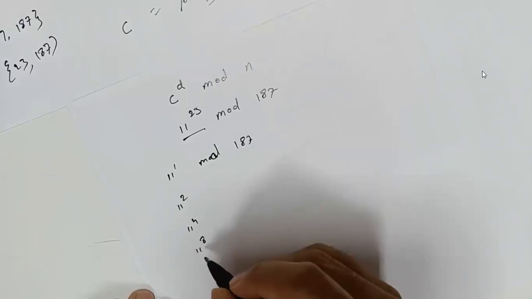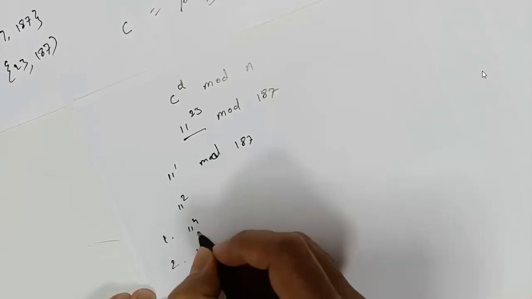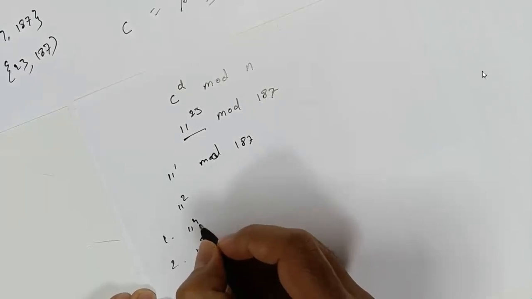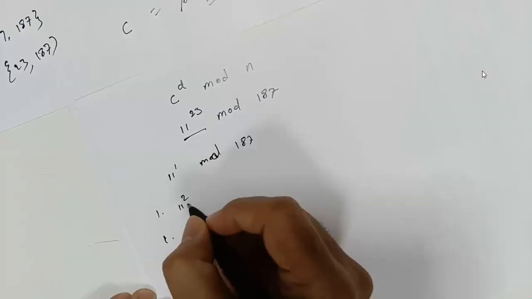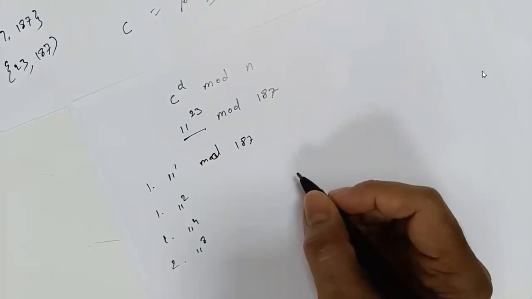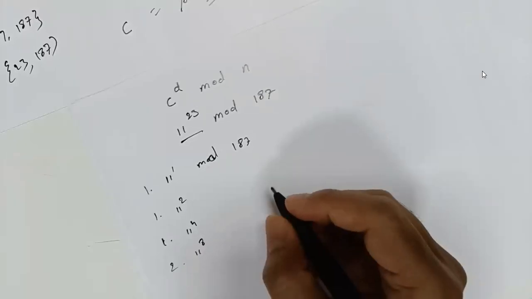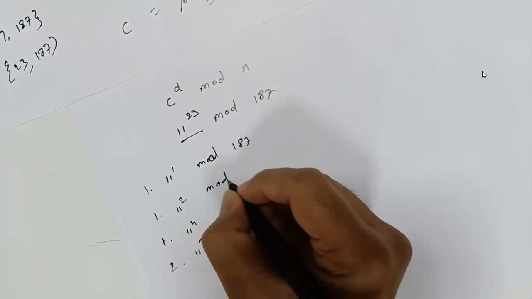So you have to use 11 raised to 8 twice, this into 11 raised to 4. That will be 20. This is 1, 22, and this is 1. That will be 23. Mod 187.